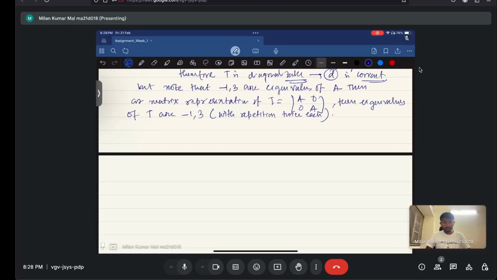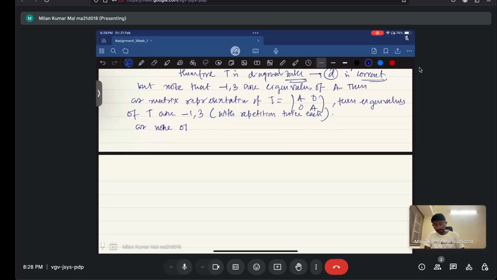So these are all the eigenvalues. As none of the eigenvalues of T is 0, T is invertible.